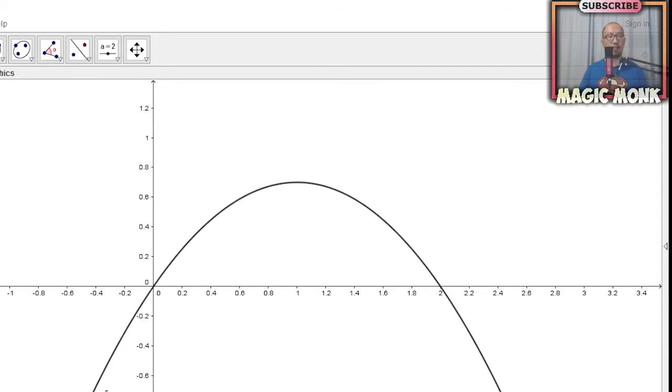So this is the curve, y equals negative 0.7x squared plus 1.4x. Now the question also adds that this curve has a domain restriction of 0 to 0.75.